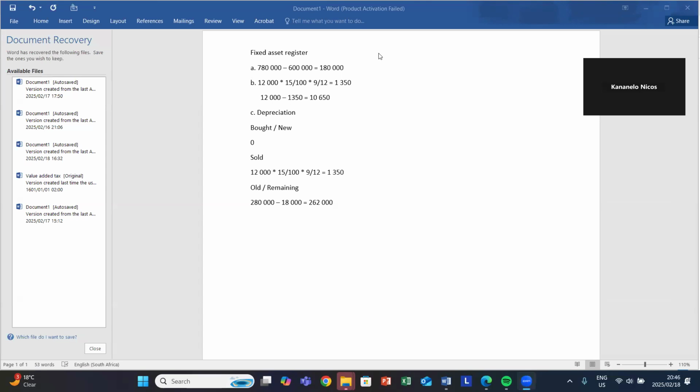If you haven't commented or said anything, do you get the same value or not? You can clearly indicate in the chat box. So we get 262, it's fine. Okay, thank you, sir. Thank you, Chris. So we did minus the cost price of the asset that you sold, which was 18,000, and then we are left with all the remaining.